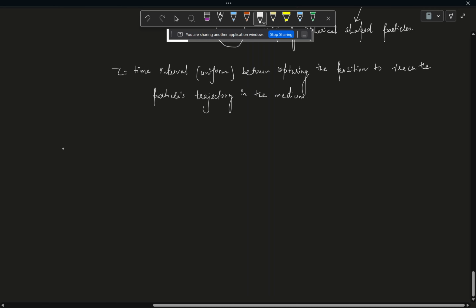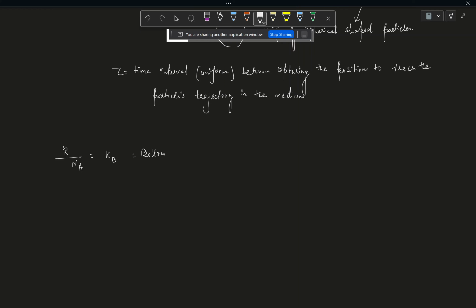So also sometimes I mentioned that this R by Na that is mentioned in the problem, sometimes we also write it down as Boltzmann constant directly. Okay, so this is also a known formula to you. You know that Kb times Na is basically your universal gas constant.